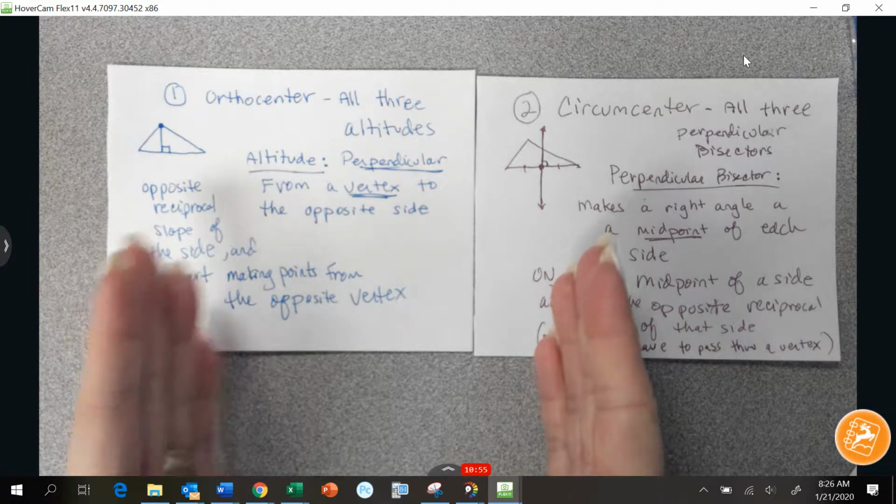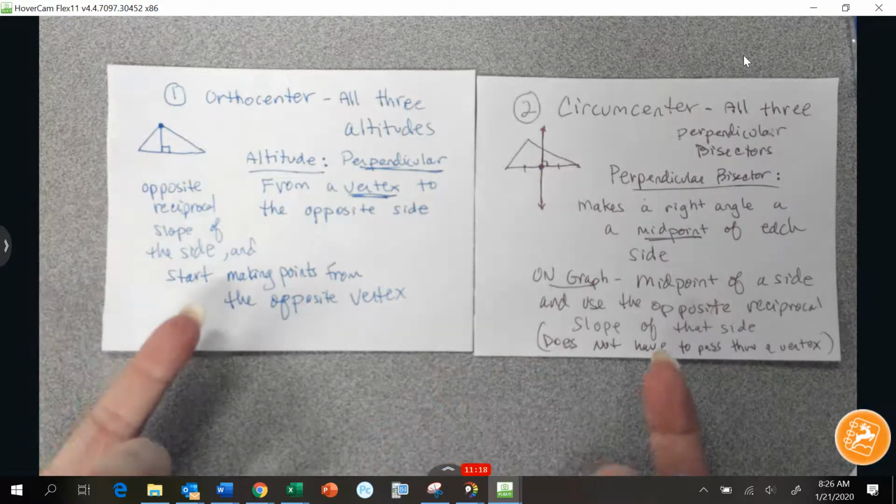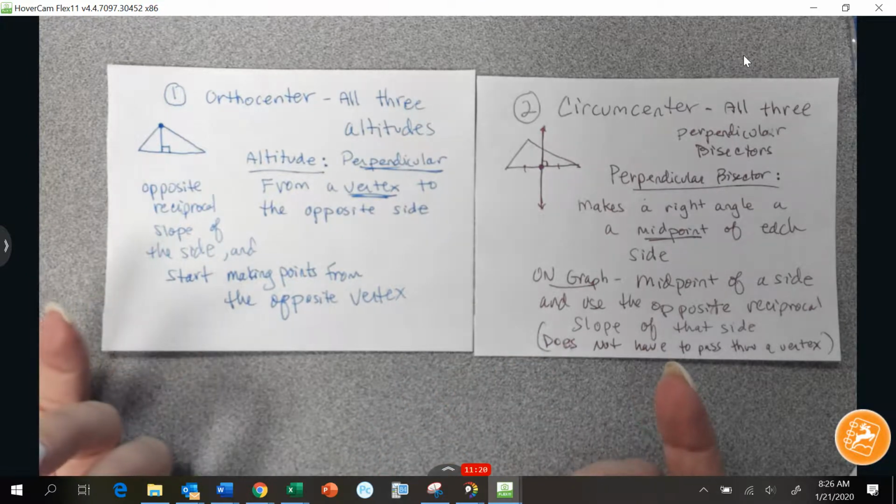Jay, can you tell me why both of these are similar? Yeah, both of them were finding perpendicular. So both of these were finding the opposite reciprocal slope of a side.